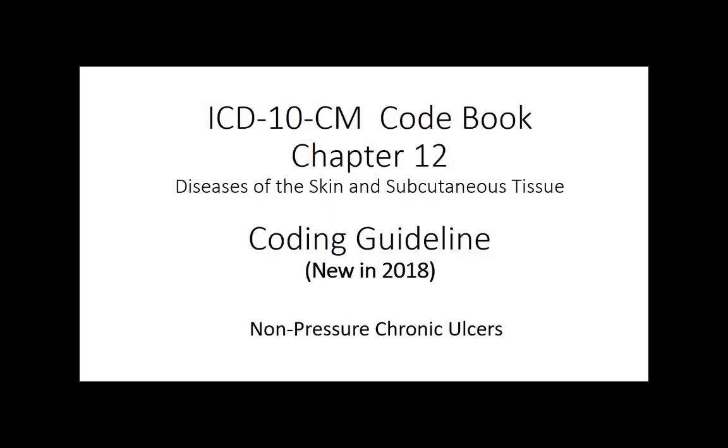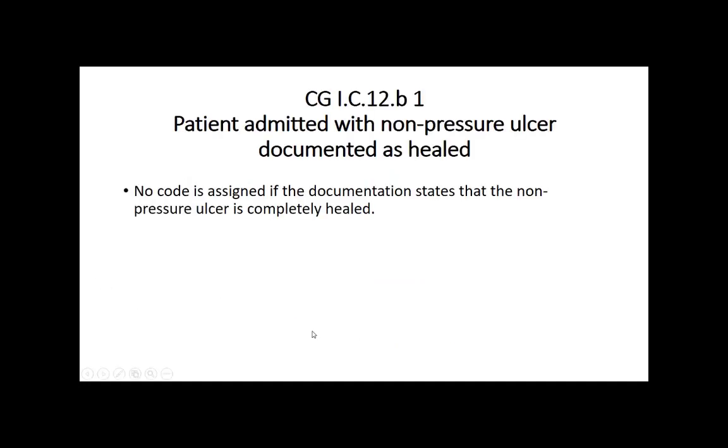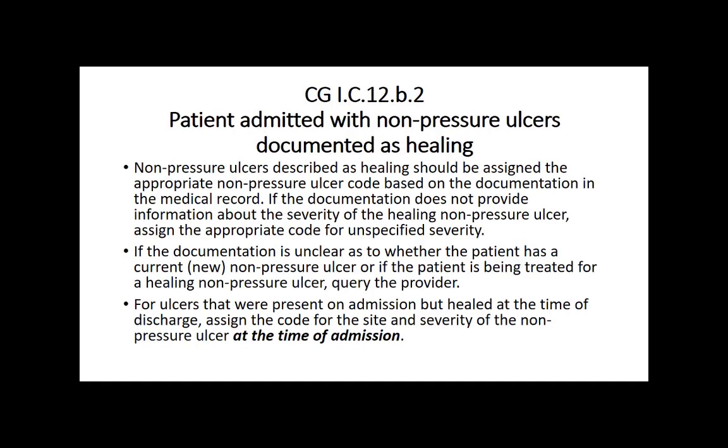I want to talk for a minute about a new coding guideline in 2018, this one addressing non-pressure chronic ulcers. If a patient is admitted with a non-pressure ulcer that is documented as healed, we do not need to code anything. However, if the patient is admitted with a non-pressure ulcer documented as healing, in the process of healing, we do have to code that.